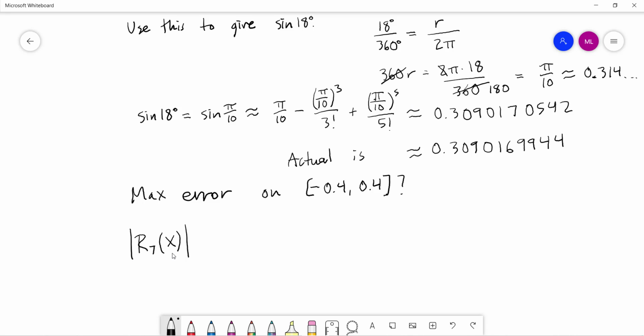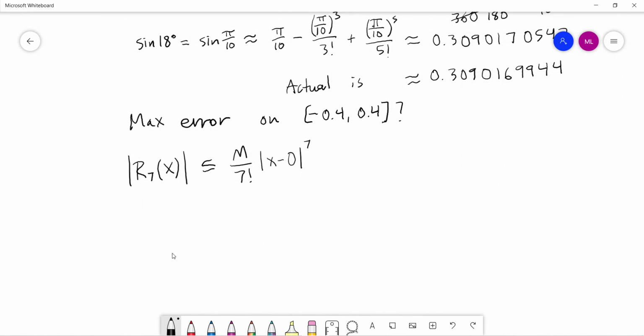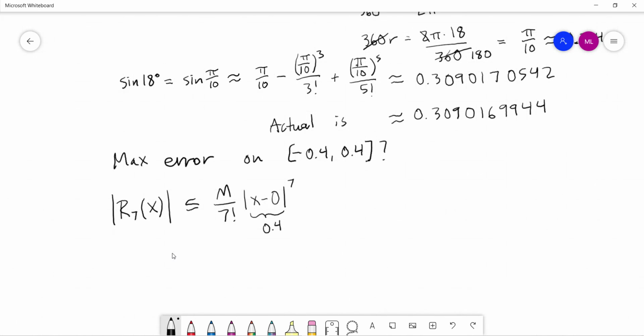So our R7 of x in this case, we can bound this. It's less than or equal to M over 7 factorial times our distance x minus 0 up to the 7th power. But the x value is going to be a maximum of 0.4, because that's the bound of the interval that we're interested in. And so we're really looking at M times 0.4 to the 7th power over 7 factorial.